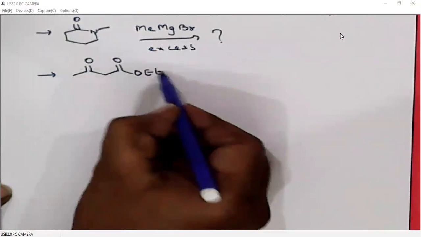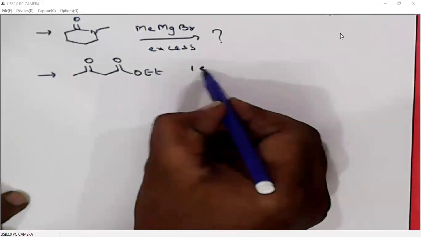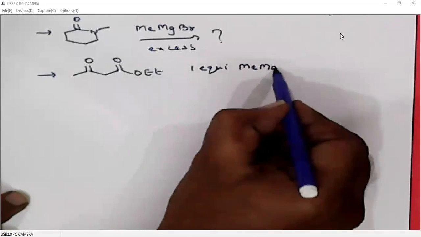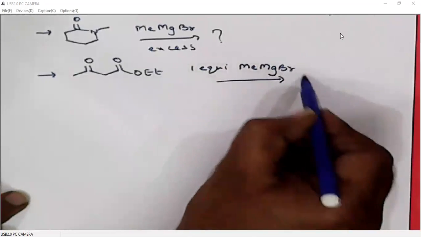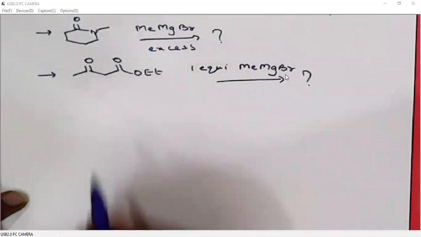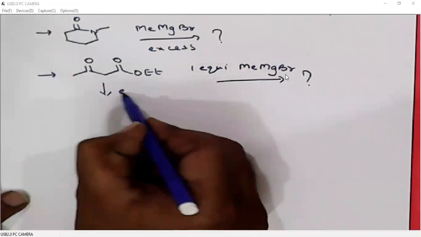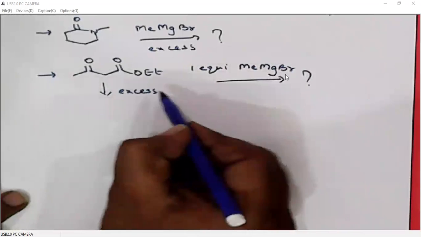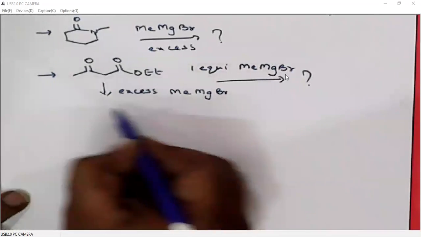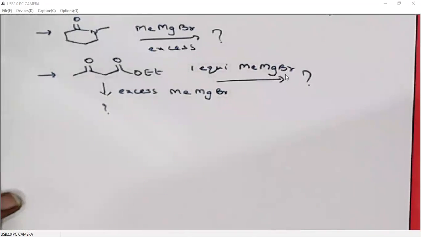When this beta ketoester is treated with one equivalent of Grignard reagent, what is the product? When it is treated with excess of Grignard reagent, what is the product?